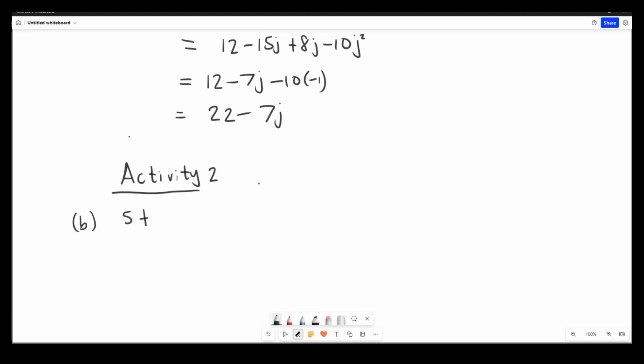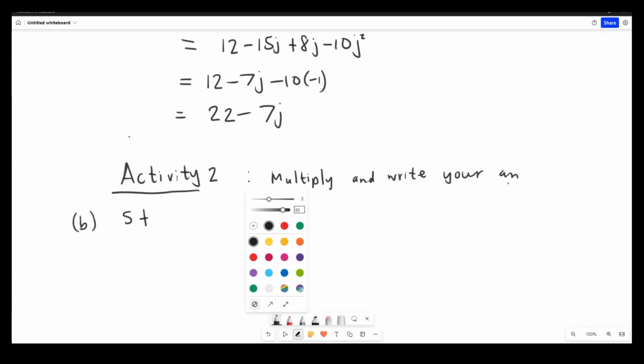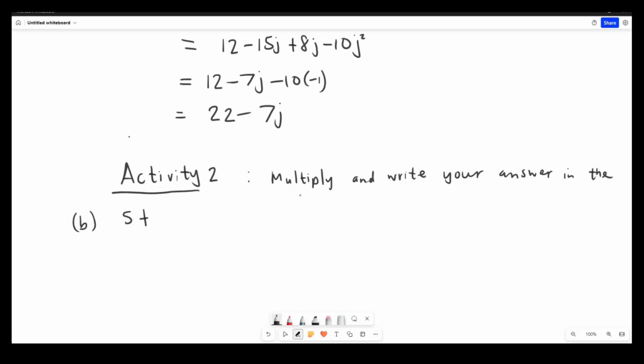So the question is: multiply and write your answer in the rectangular form a plus bj.